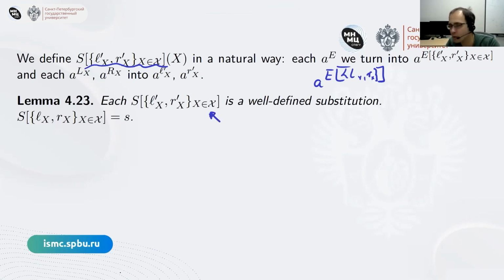This is a well-defined substitution in the sense that it has no parametric powers. Moreover, if we use the original values of the lengths of the prefix and suffix, then we actually get the solution from which we started. But again, this is just walking around the same idea. We replaced lengths by their abstractions using variables, and if we substitute those variables by the true values from which they were constructed, then we obtain the original substitution.